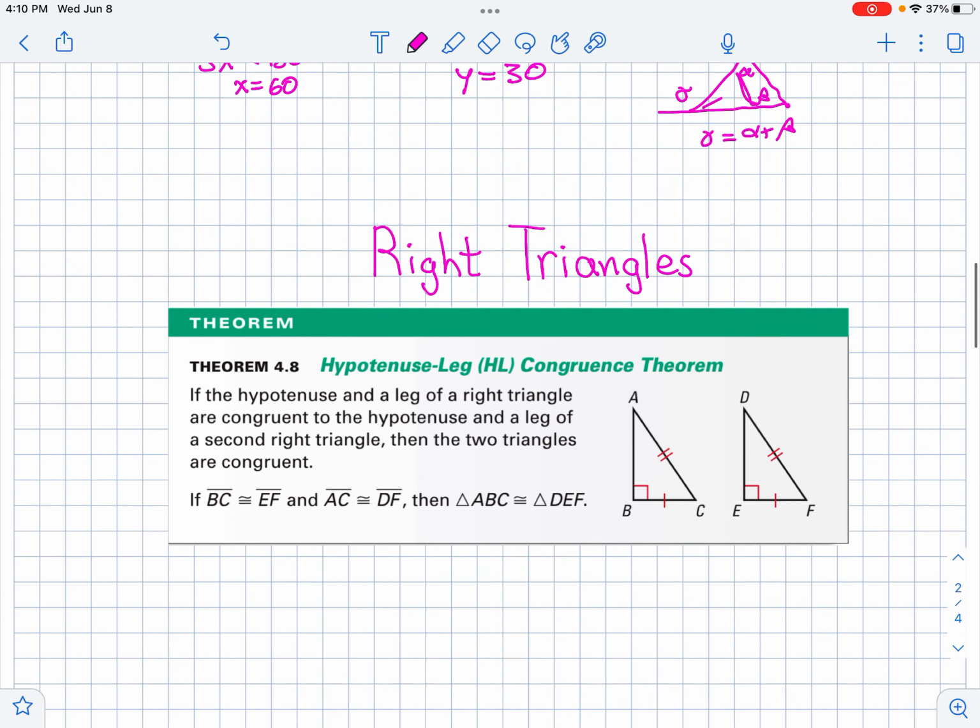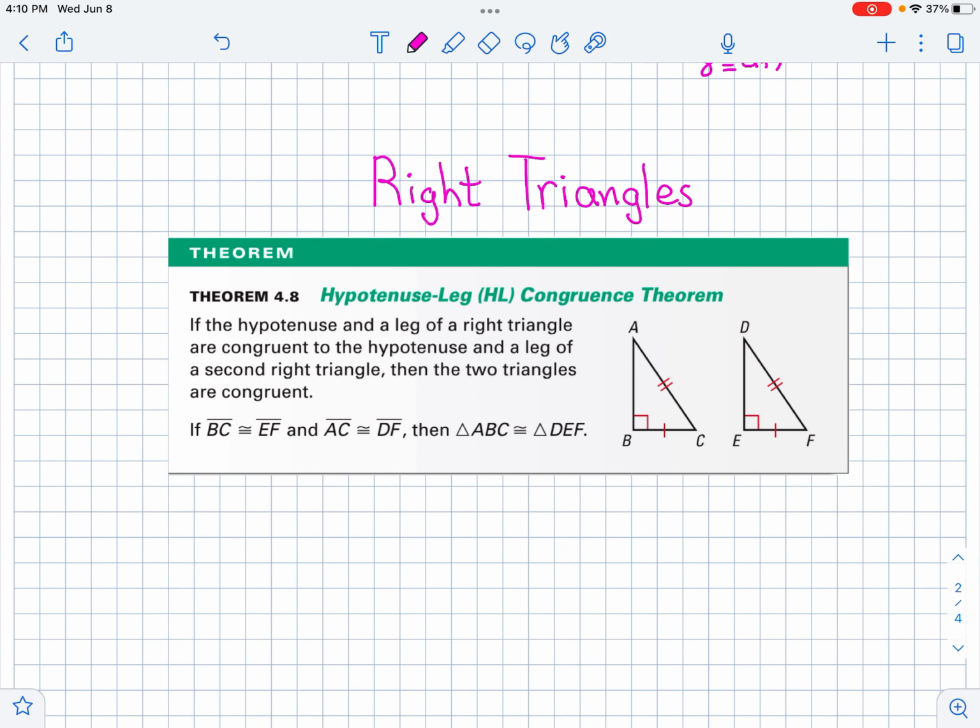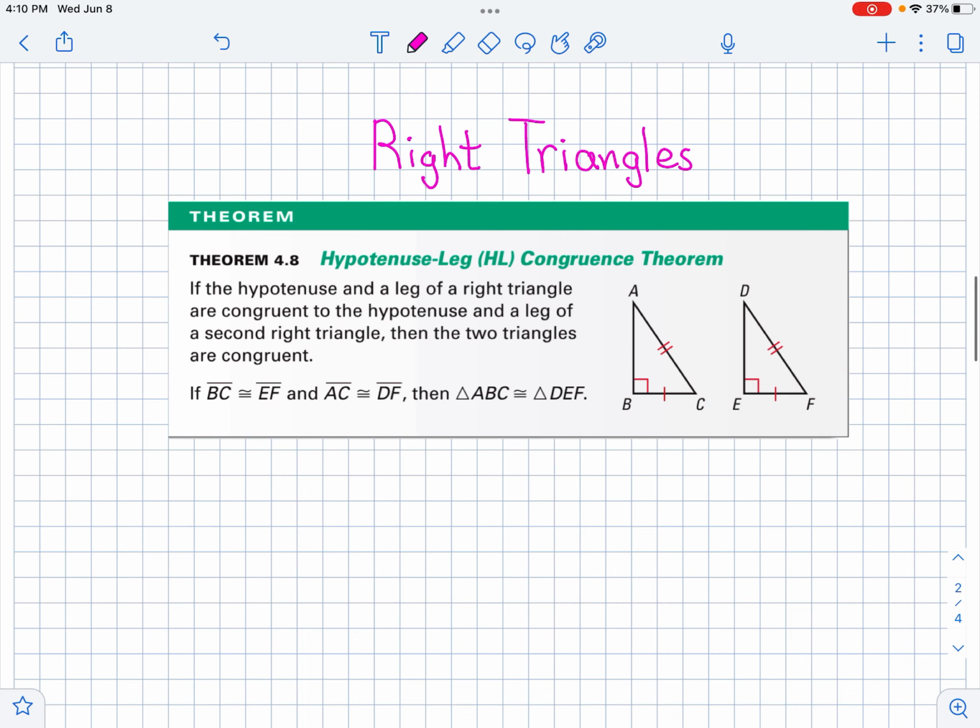Okay, now let's go over to right triangles. Now remember, we've got methods for proving that triangles are congruent. We've got side, side, side. We've got side, angle, side. We've got angle, side, angle. And we've got angle, angle, side. Remember those ones. Now, we're going to add to this hypotenuse-leg in the case where we're working with a right triangle.